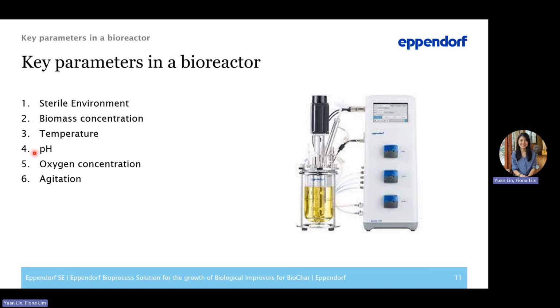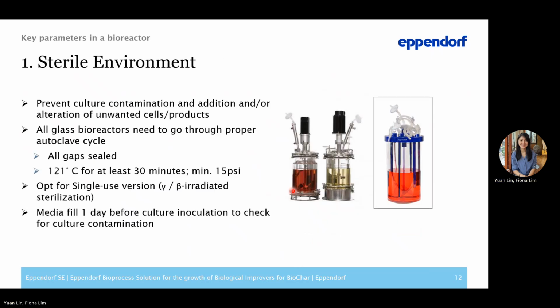The fourth parameter would be the pH. Fifth would be the oxygen concentration. And finally, the agitation. Over here, this is the BioFlow 120 controller unit, and the controlling unit actually controls the parameter on the bioreactor glass vessel on the left, just for your information.